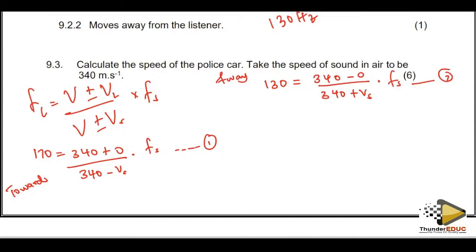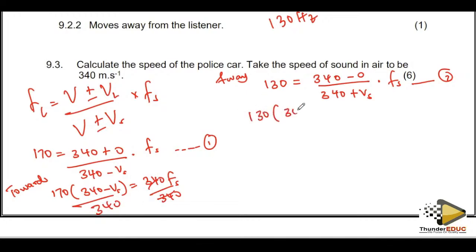Then what do I do? I can do the cross multiplication where I have 170 into 340 minus vs is equal to 340 times fs. I can make fs the subject by dividing by 340 on either side. And then I'll do the same thing this side. So 130 into 340 plus vs. Okay, I'm going to divide it by 340.